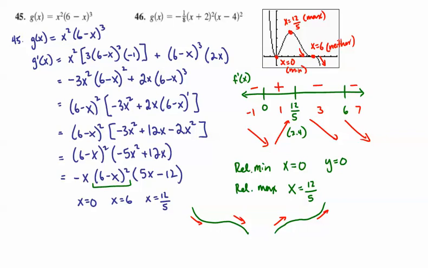So hopefully that makes sense there. The moral of this story is you use the second derivative test when it's easy to use. In this particular case, it would have been much more work to do the second derivative test, and there's no point in doing it in that case.